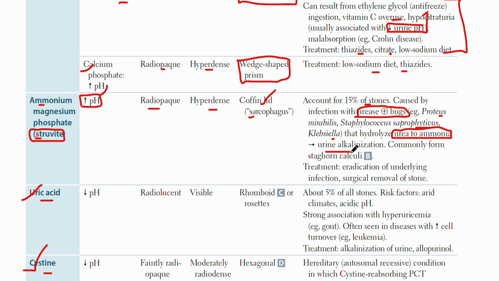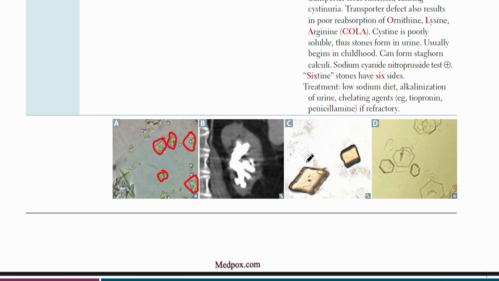So urine alkalinization is there. It commonly forms staghorn calculi. This is what you have to remember. This is very high yield. You can note it down right here. Staghorn calculi, you can look, this is staghorn, right? Staghorn calculi are present in this case.